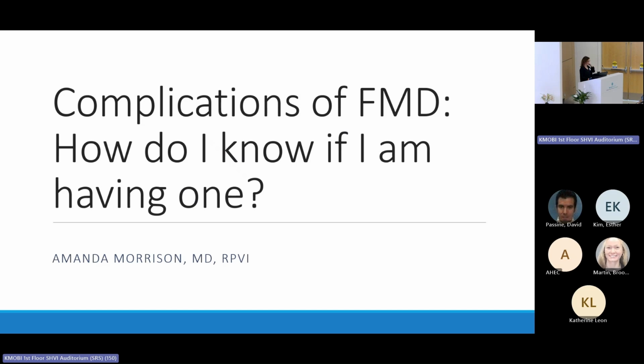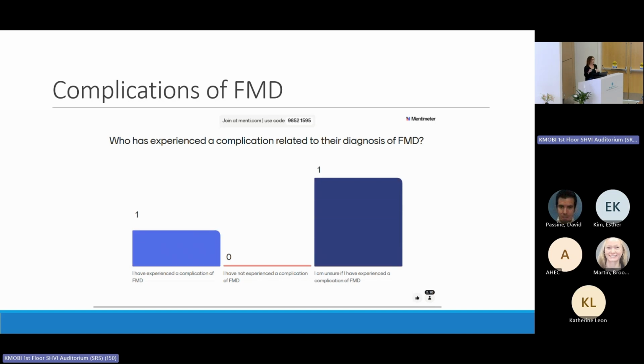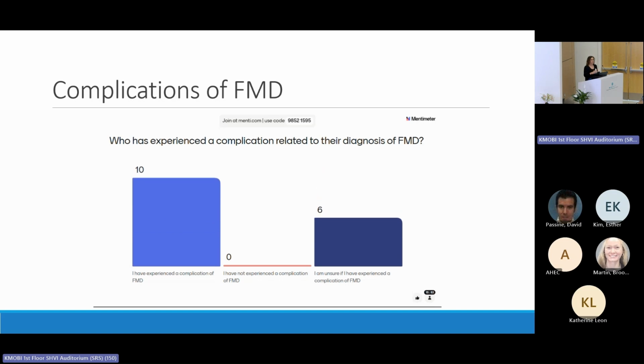All right. Hi again. I'll be covering complications of FMD and how do I know if I'm having one. So we'll first again start with hopefully a question. Who in the audience has experienced a complication related to their diagnosis of FMD? It's maybe hard to read here. So it's: I have not, and/or I am unsure. And that's things like strokes, aneurysms, SCAD, dissections of any sort.